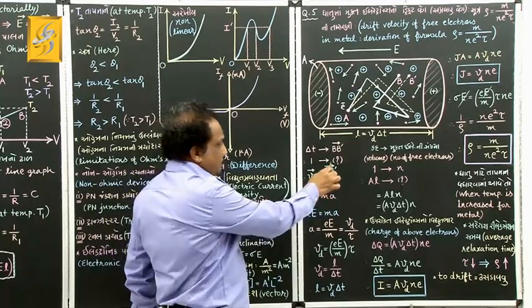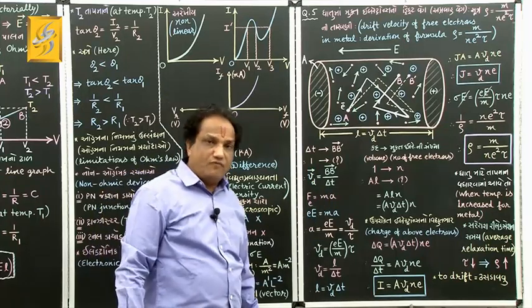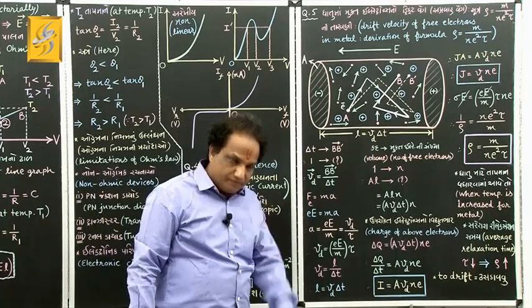Now from this equation you can define what is called drift velocity of free electrons. Very simple.